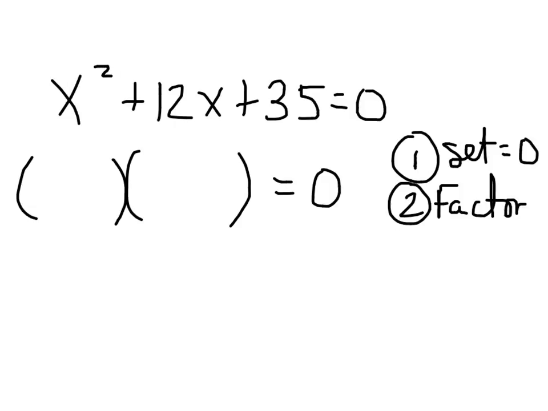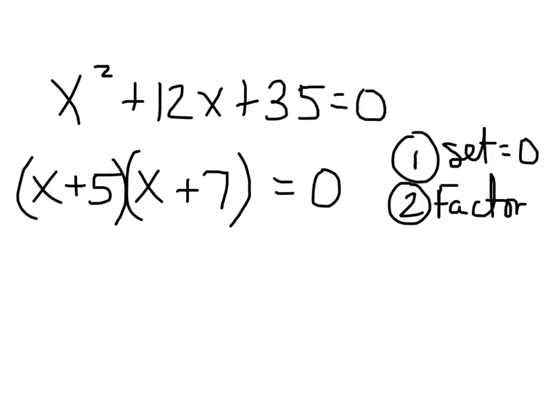What times what gives you x squared? X and x. What times what gives you 35, but adds up to be 12? Plus 5, plus 7. Is that right? Yeah, because 5 times 7 is 35, but when I add those two numbers, I get 12.